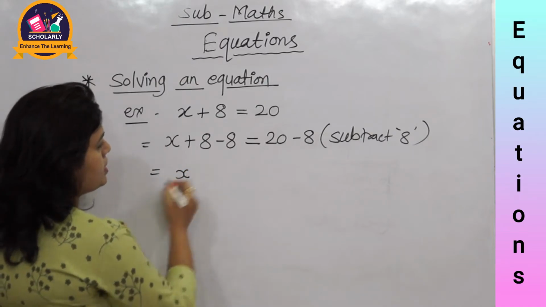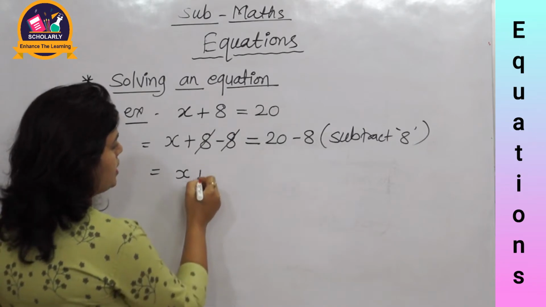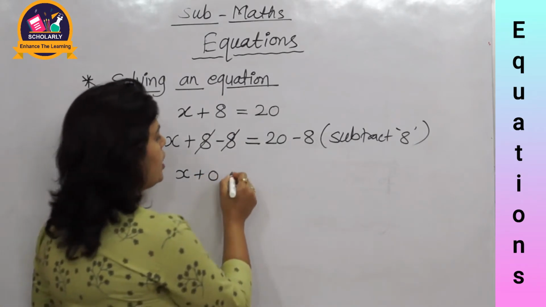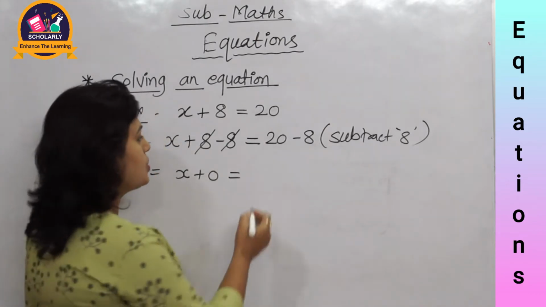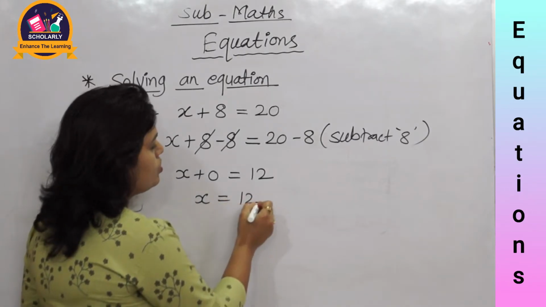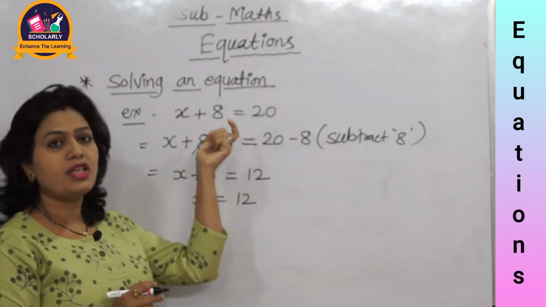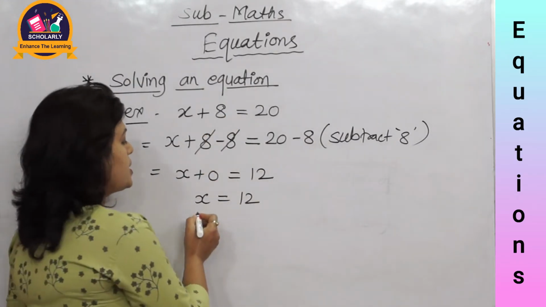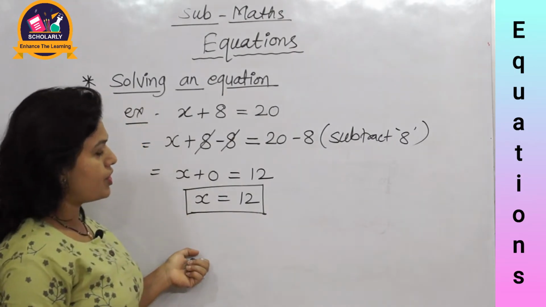Here x plus 8 minus 8, the 8s cancel, so that is x plus 0 equals 20 minus 8. How much? 12. x equals 12. We have got the value of x, that means we have solved the equation. x equals 12 is the solution of this equation.